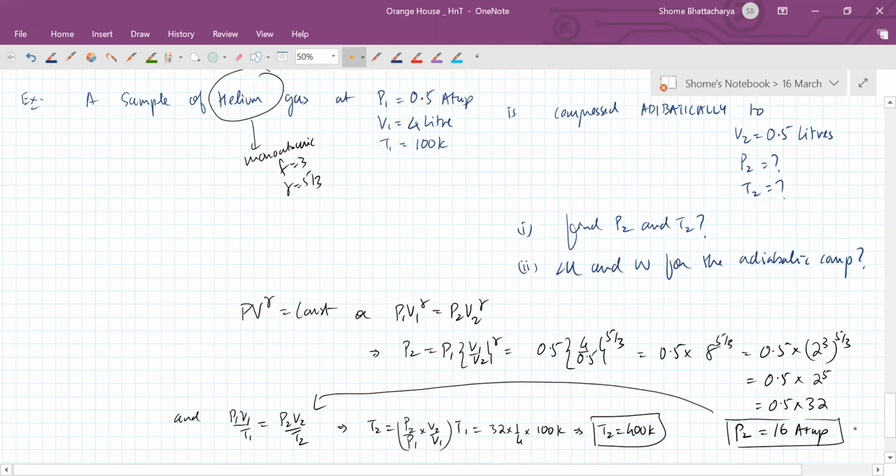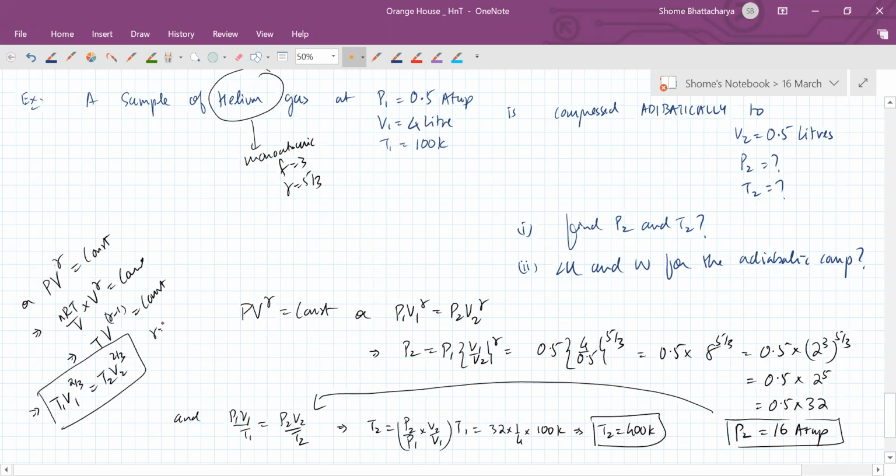Or you can also use the relation that PV to the power gamma is constant also implies that, okay, so temperature into volume to the power gamma minus 1 is constant. So T1 V1 to the power 2 by 3 will be equal to T2 V2 to the power 2 by 3 in this case because gamma is 5 by 3.